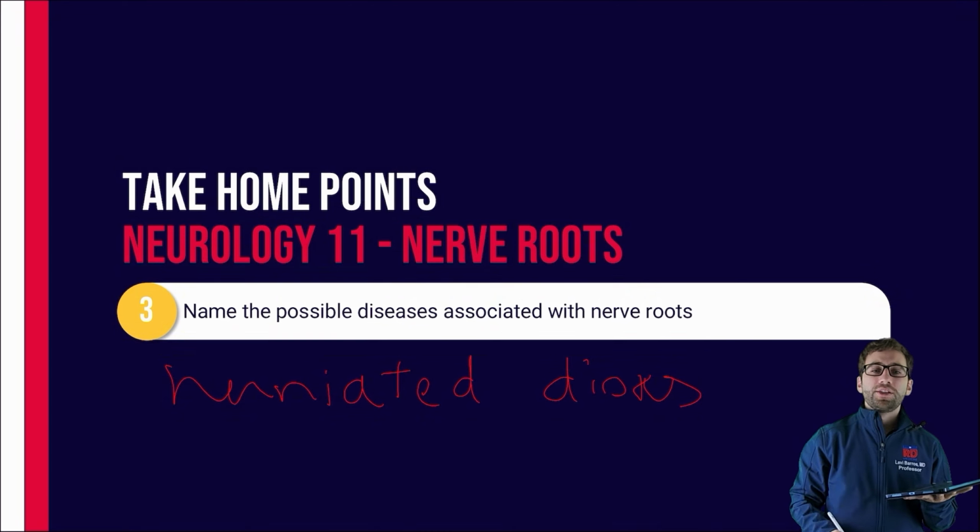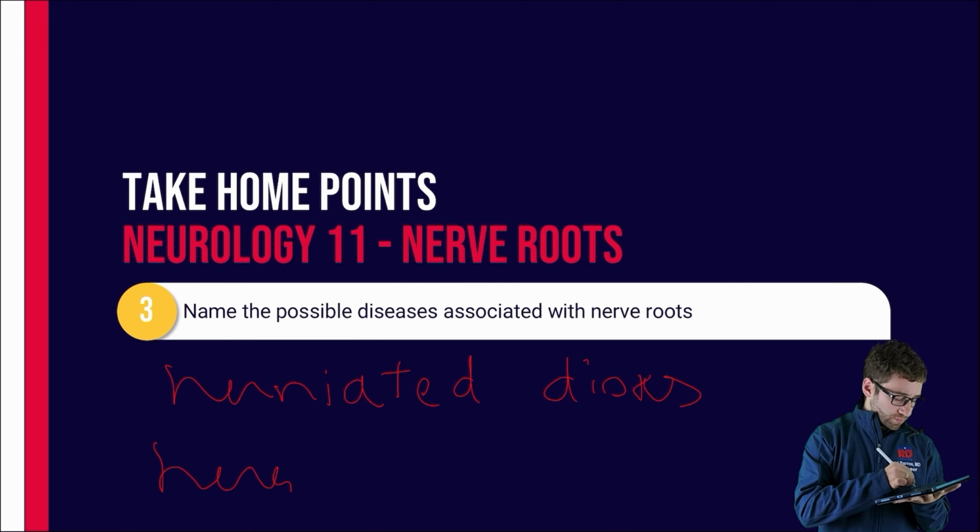For example, cervical radiculopathy can cause neck pain radiating to the arm, while lumbar radiculopathy can cause low back pain radiating to the leg. Other conditions like herpes zoster can cause radicular pain plus rash.